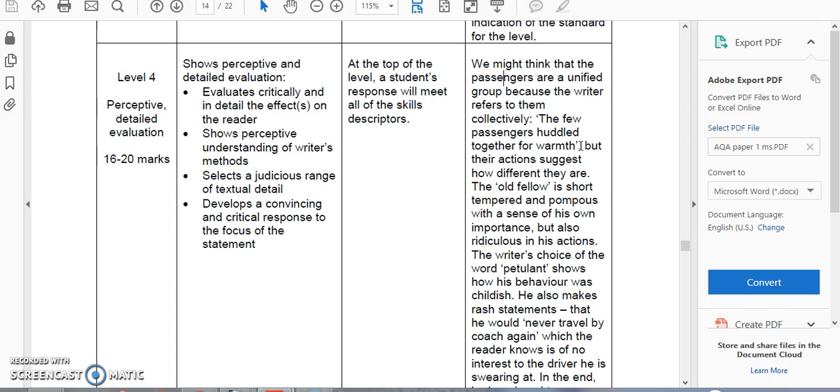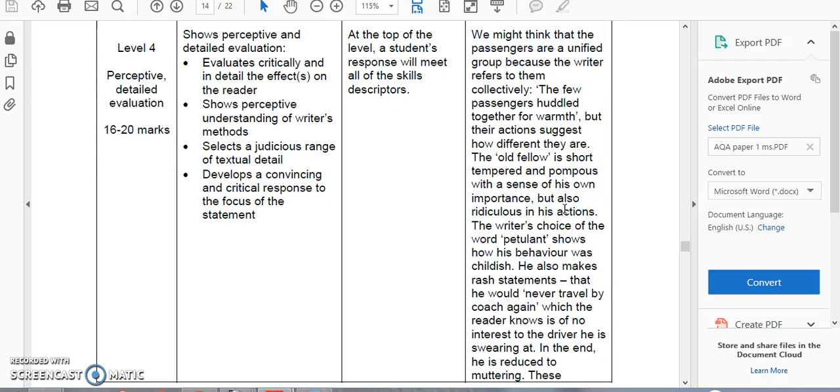But then they go on to critically evaluate how the writer constructs this. They're going against what they've just said by saying, but their actions suggest how different they are. They've focused as well on the odd fellow, the old man, from that source that you'll be analysing for this. That's a good one to focus on.